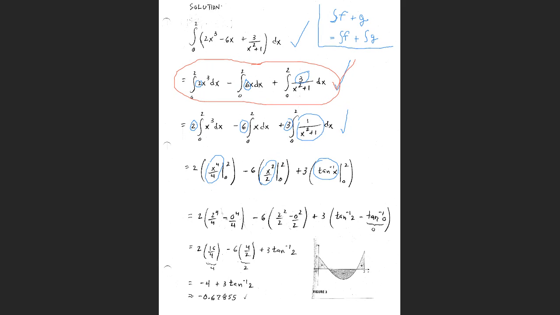And again, you can refer to the table in section 5.3, table 1 of indefinite integrals, and there they are. But how many remembered that the antiderivative of 1 over x squared plus 1 is the arctangent? How many of you remembered that? Did any of you remember that? John remembered it, okay.